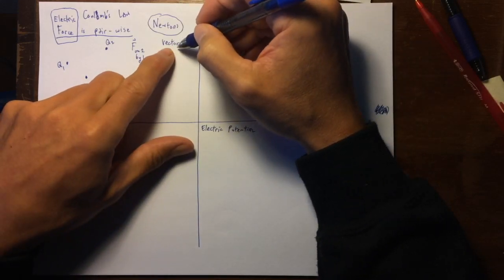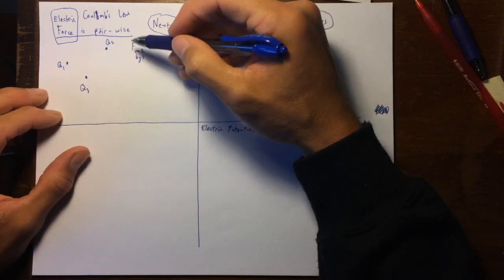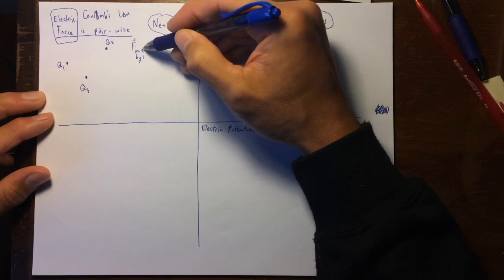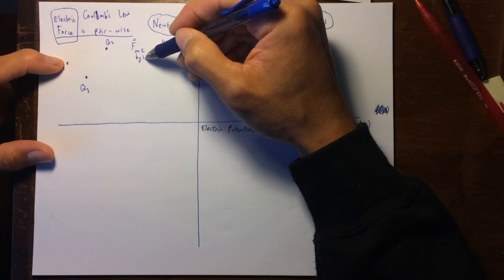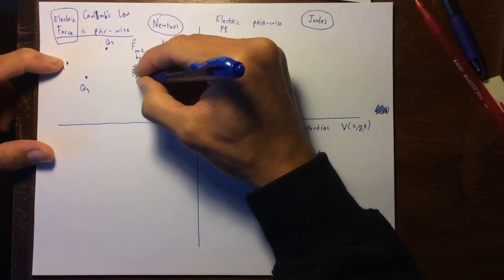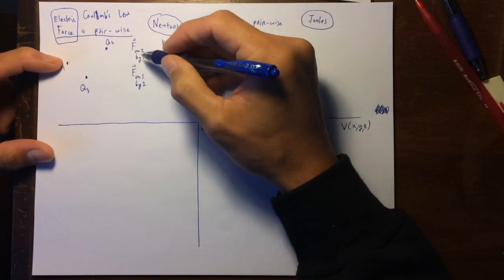It's a vector idea, and the vectors you could say are, for example, the force on charge number 2 because of charge number 1. You can also talk about the force on charge number 1 by charge number 2, and these are a Newton's third law pair, action-reaction.